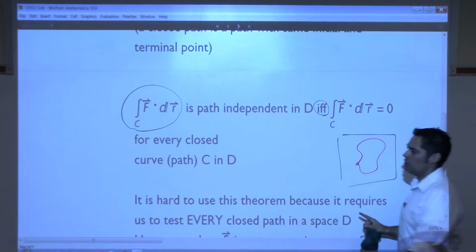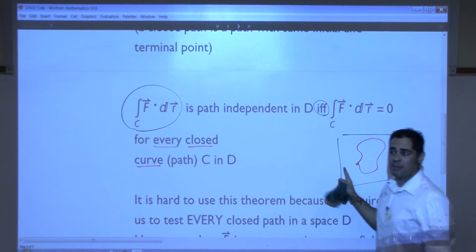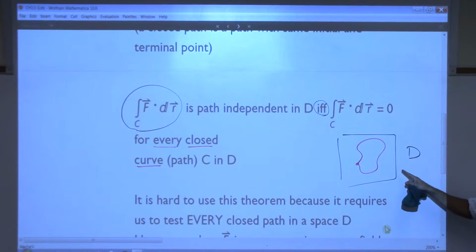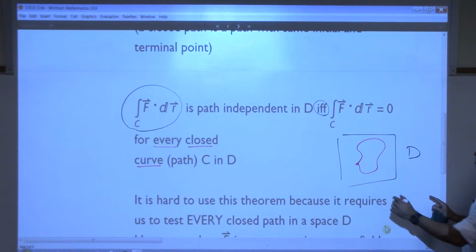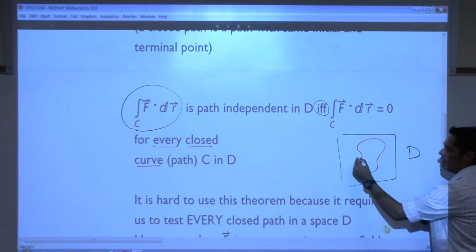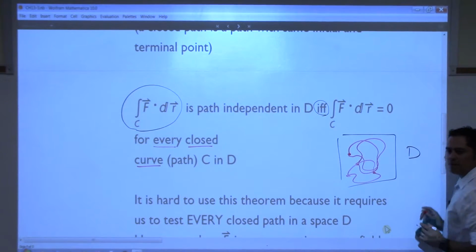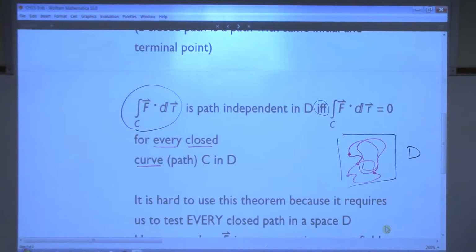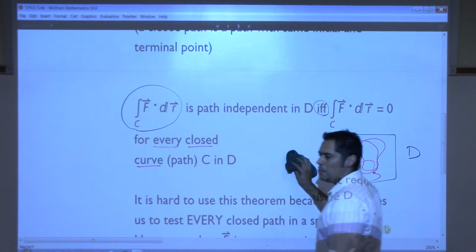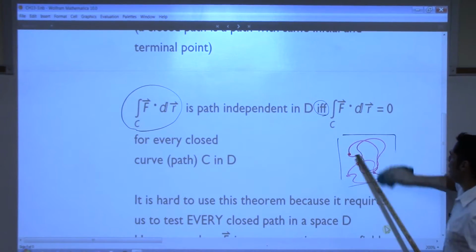This has to hold for every closed curve that I could possibly draw inside this space. So just because it holds for one curve inside of here does not mean it's path independent. It has to hold for every single closed curve that I could ever draw, and that's impossible for me to ever do, right? You understand that? Y'all with me? So that theorem, although it's nice, does not help me because I'm never going to be able to check every curve inside of some domain.